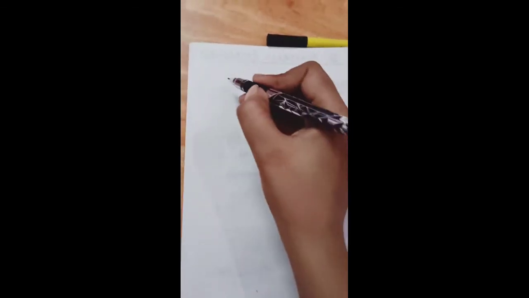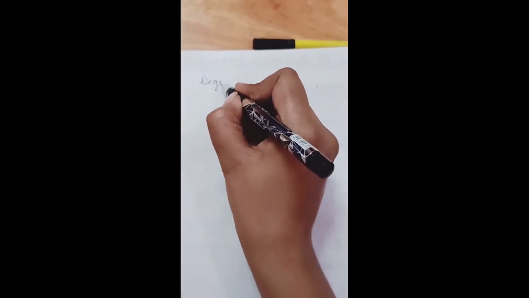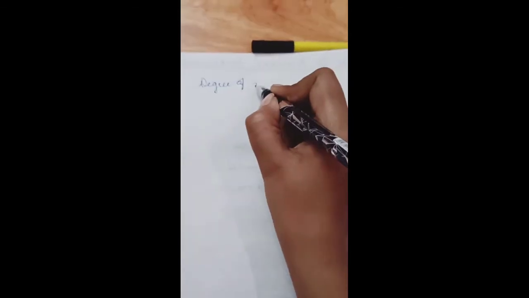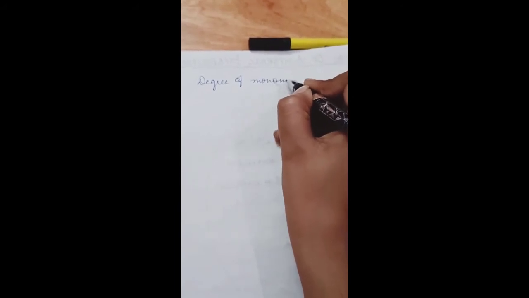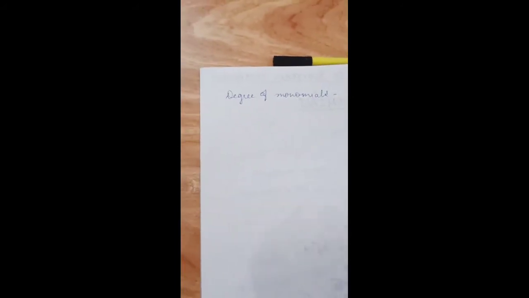Now, degree of monomials. The degree of a monomial is the sum of the exponents of the variables.